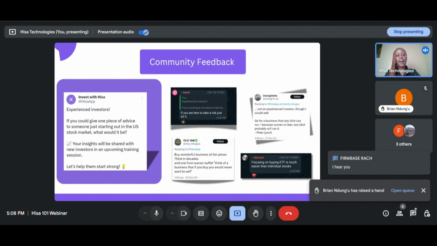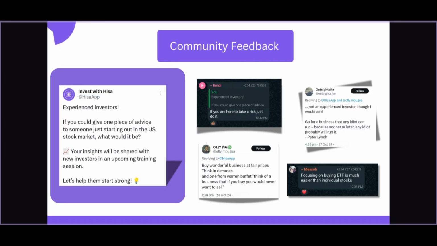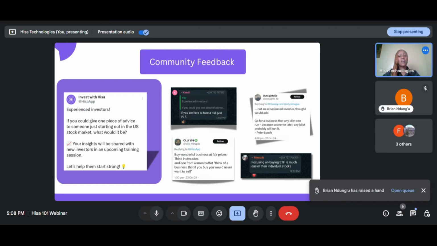So we were at the feedback our community gave us when we inquired what advice they can share for new investors, specifically in the US stock market. And we were going through what outside KE was saying.